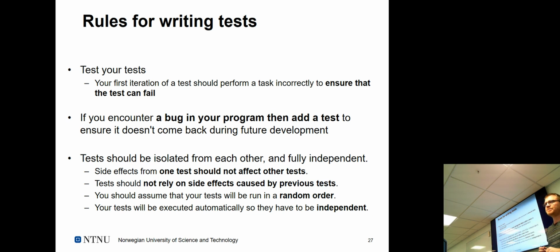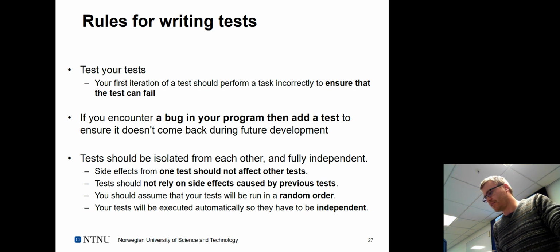So if you run multiple times, you should get a solid assessment whether you have side effects or not. For example, you want to add an entry to the database and then use it in a different test. Well, that's not supposed to happen in the test itself. That's supposed to happen in the before and after setup and tear down methods. So that's the idea: make everything as independent as possible.